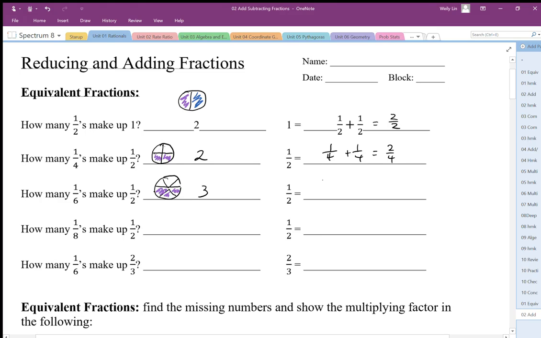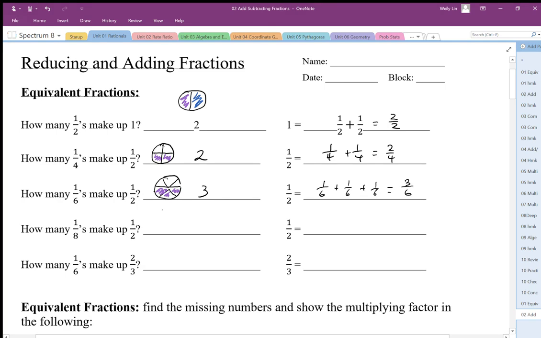It would look like this: 1 over 6 plus 1 over 6 plus 1 over 6. And that would equal 1/2, or 3 over 6. So 3 over 6 would then represent the equivalent fraction, and we can show the addition like this. And notice that when we add these fractions together, the denominator stays the same, it doesn't change, because the size of the pieces really isn't changing here.